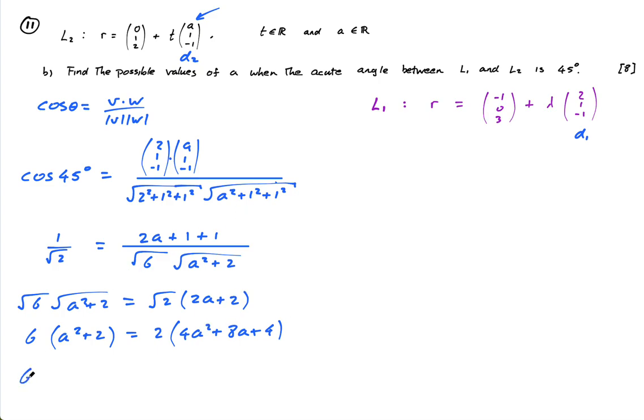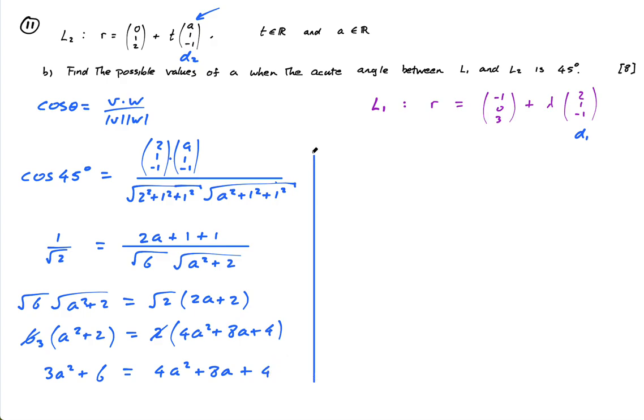This becomes 6a squared plus 12. And in fact, you could probably divide by 2 here, make your life a bit easier. This goes once, this goes 3 times. So now I have 3a squared plus 6 equals 4a squared plus 8a plus 4.